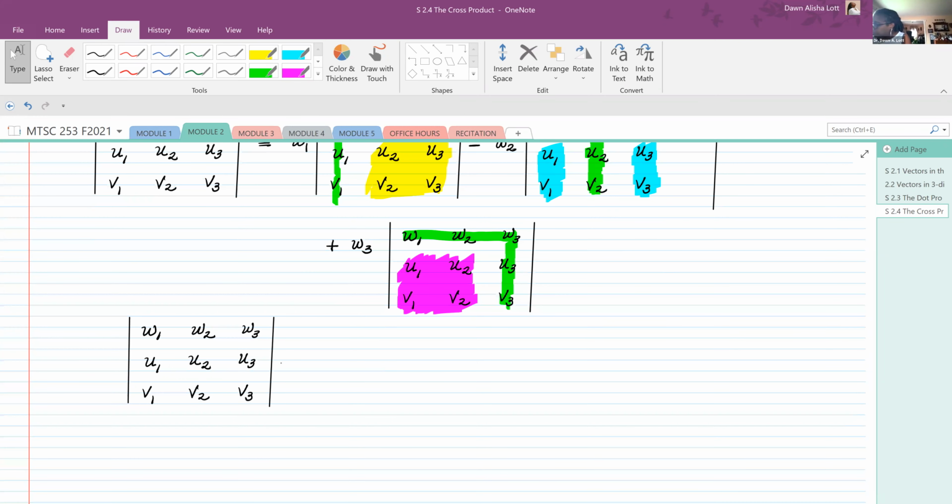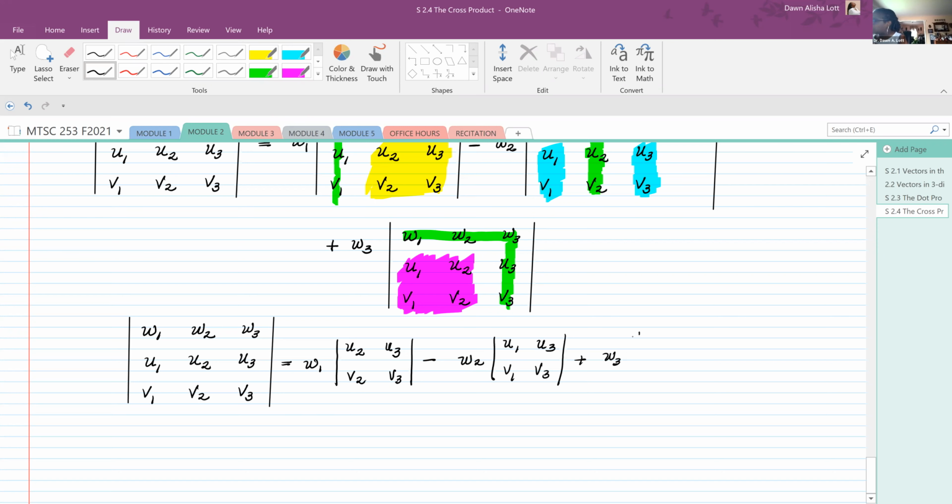So that's going to equal W1 times the determinant of U2, U3, V2, V3, minus W2 times the determinant of U1, U3, V1, V3, plus W3 times the determinant of U1, U2, V1, V2.